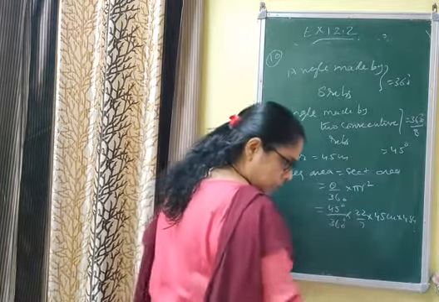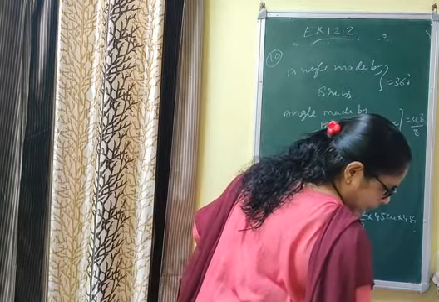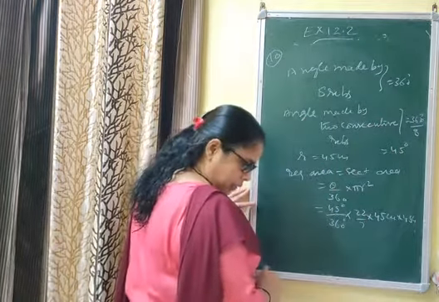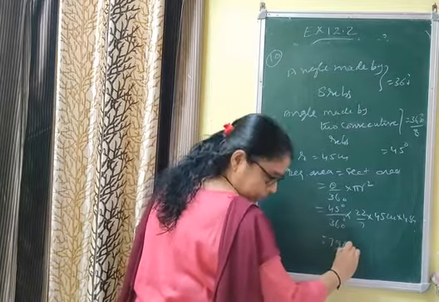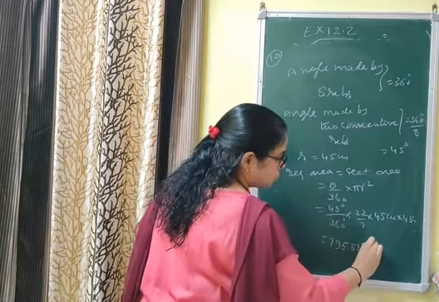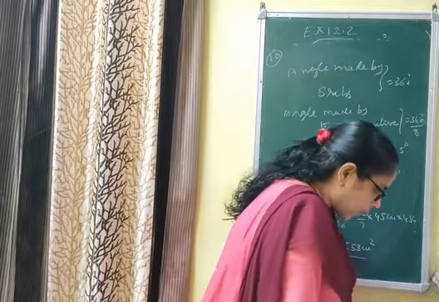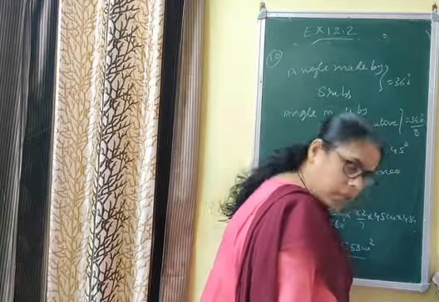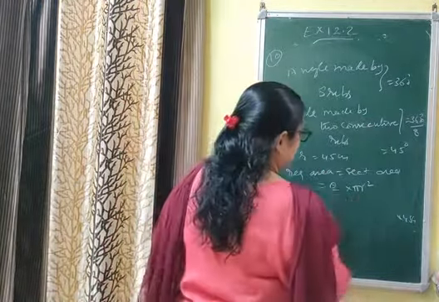If you solve this, in the book it is given in fractional form as 2275 upon 28, and in decimal form as 795.53 centimeter square. This is complicated, so it is better to change it to decimal point. You should solve it and get it in decimal.